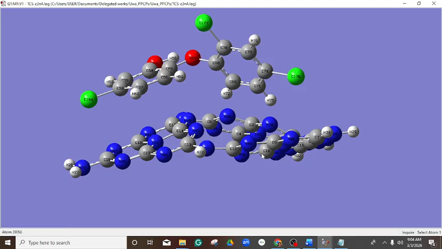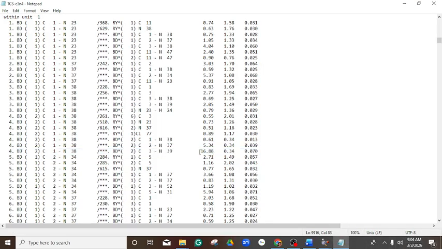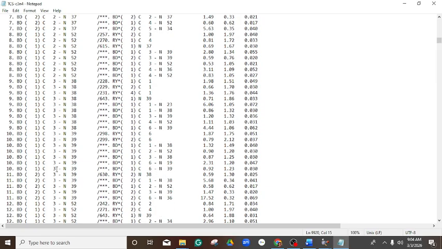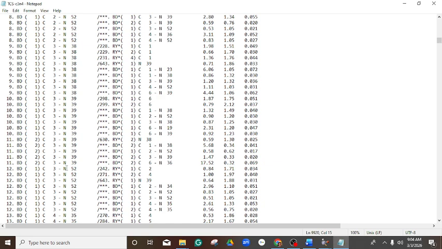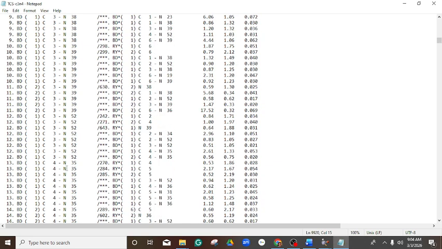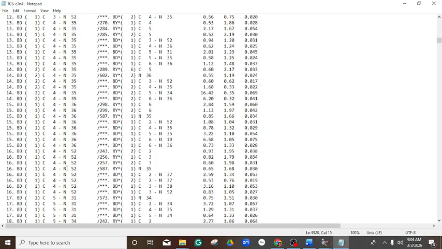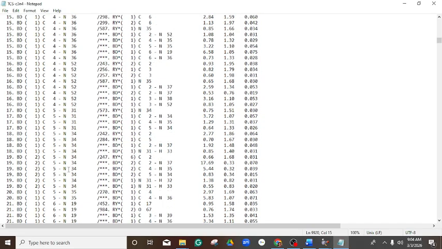We can select such an interaction since the perturbation energy is also favorable, but we're not selecting that. So we keep scrolling till we find something that meets our expectation. So we are still seeing a lot of C and N, basically telling us that this is the surface that we are looking at.